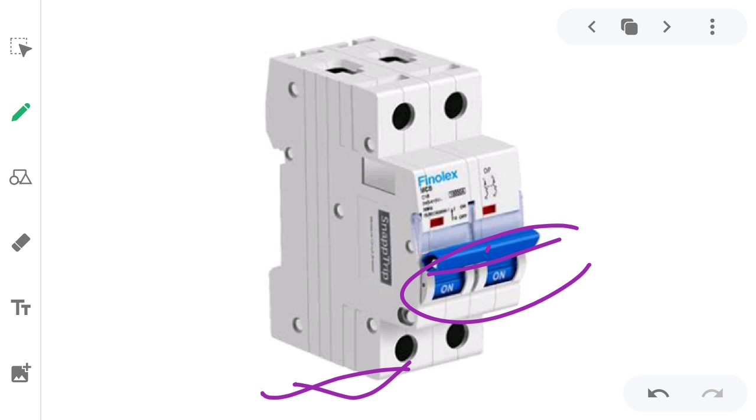Okay, and when this button falls down, it will stop the flow of current through the wire, and as it stops the flow of current, the wiring will remain safe. So that's why we use this almost outside every room, or every 2-3 rooms.